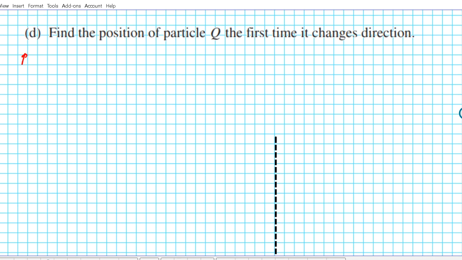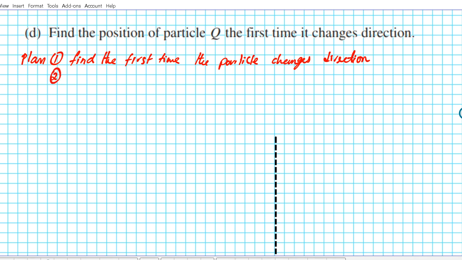So the plan is 1, find the first time the particle changes direction. And then we're going to find the position of the particle at that time. So 2, determine the position of the particle at that time.